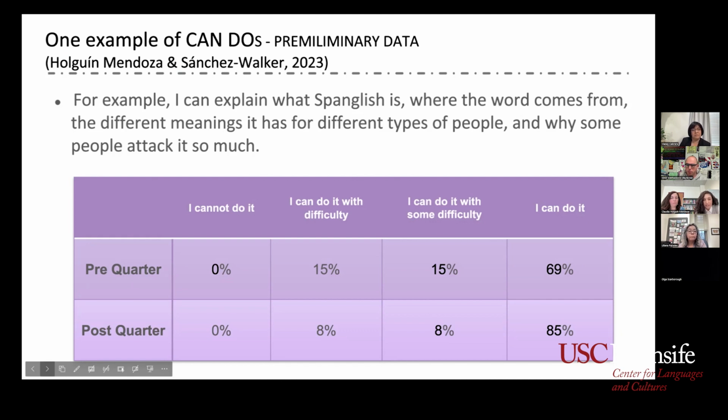And one of the can-do statements was, for example, I can explain what Spanglish is, where the word comes from, the different meanings it has for different types of people, and why some people attack it so much. And you can see that there is a difference between their self-assessment at the beginning of the quarter in a continuum of I can do it with difficulty, I can do it with some difficulty, and then I can do it.